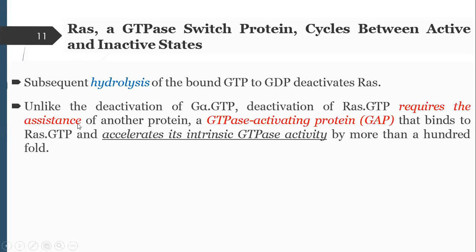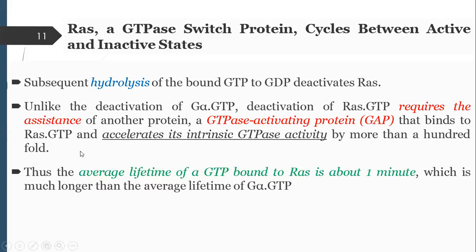So unlike the deactivation of the G alpha subunit, which has intrinsic GTPase activity, RAS-GTP requires the assistance of another protein, the GTPase activating protein, the GAP, which binds to RAS-GTP and accelerates its intrinsic GTPase activity by more than 100 fold.